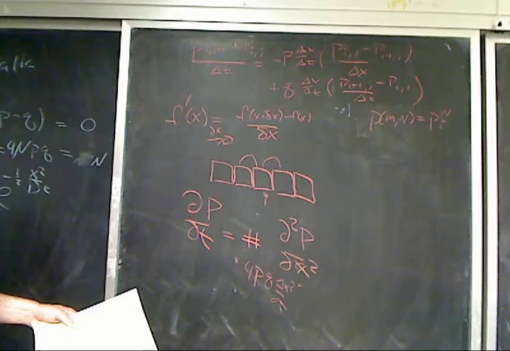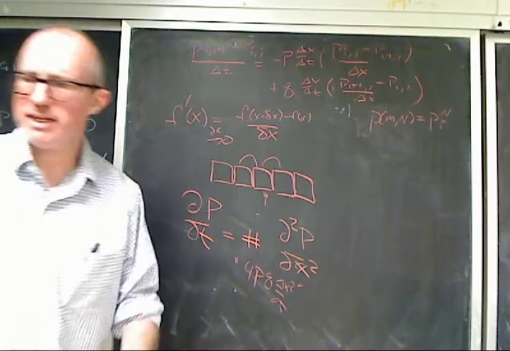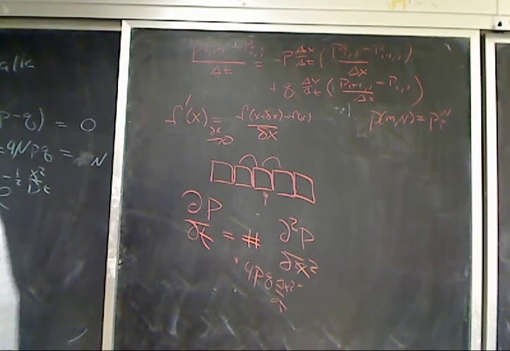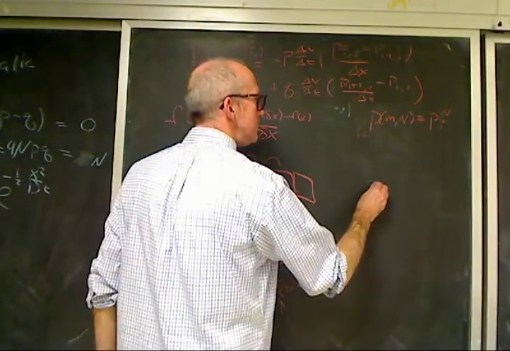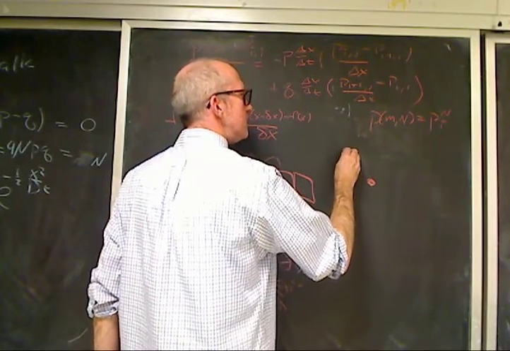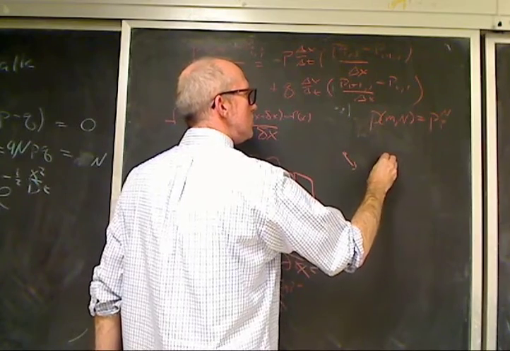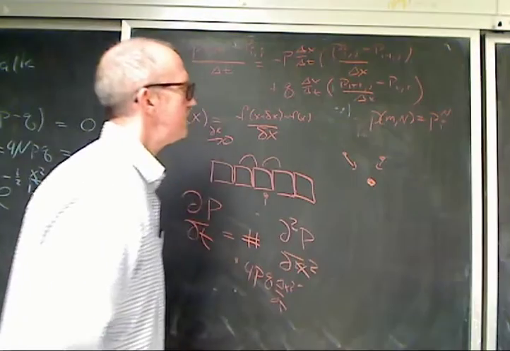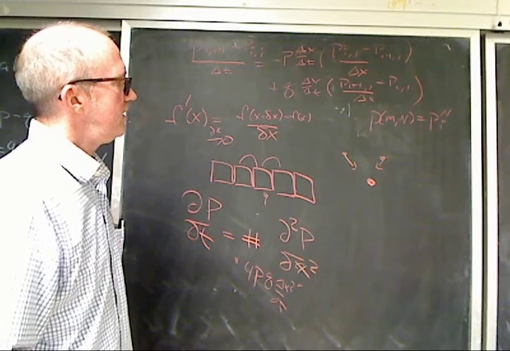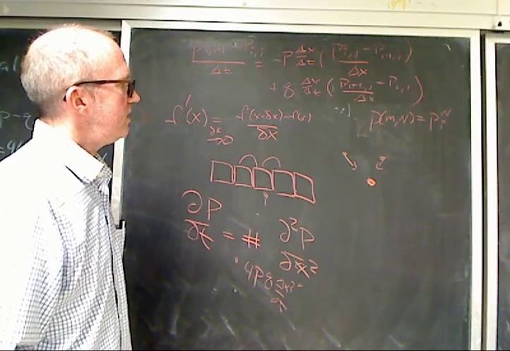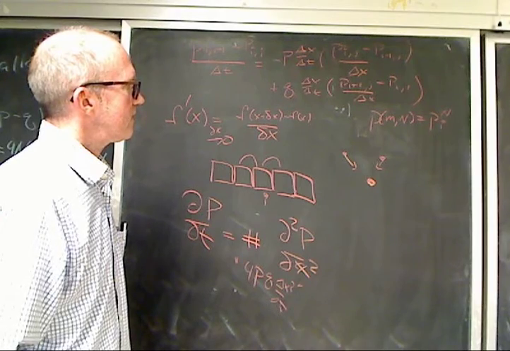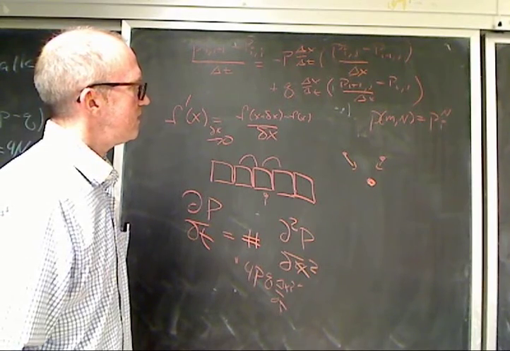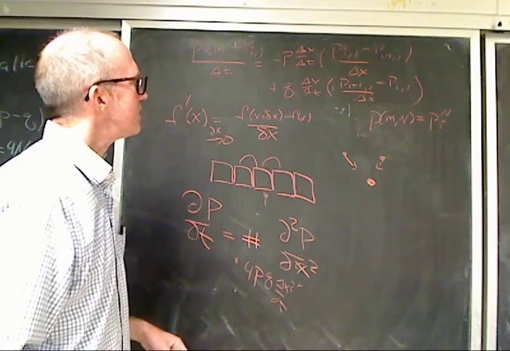But okay, so how did we get here? What did we do? We said to get here, I can either come from here or I can come from here. And then we did some math.